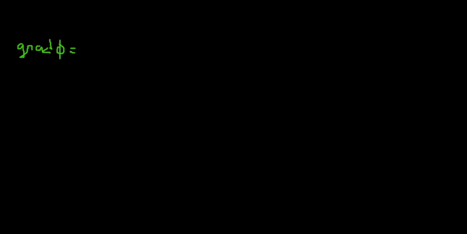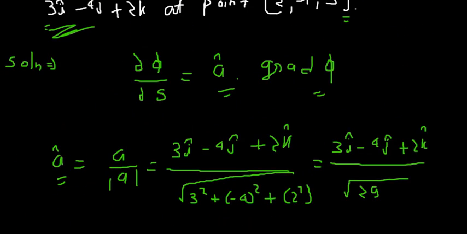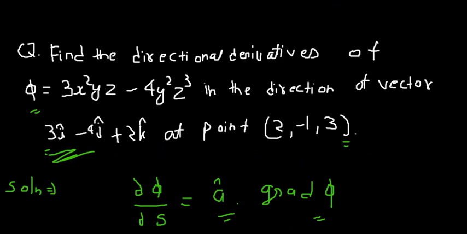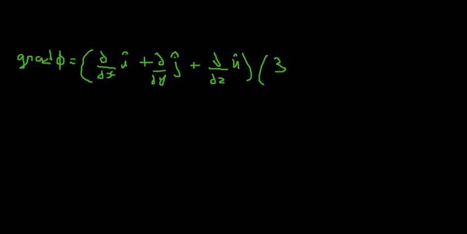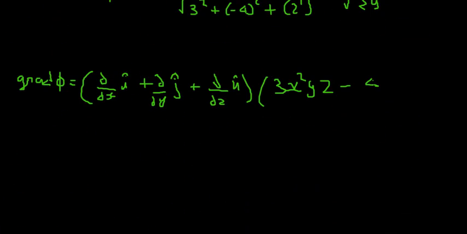For gradient of phi, one thing we need to know is that it is del by del x i cap plus del by del y j cap plus del by del z k cap applied to phi, which is 3x square yz minus 4y square z cube.